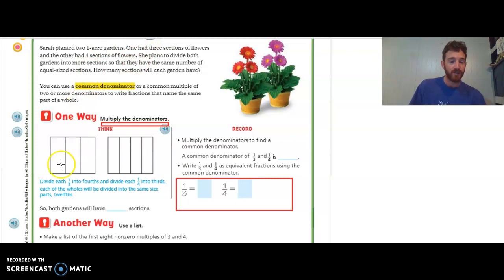So to do this visually, here we have our thirds, and let's just go ahead and fill in one of them. Let's say we have 1/3 here, and we're going to split it into 4 parts. In the example here, it says divide each 1/3 into fourths. And then, so the way we can show that is just by splitting up into fourths here.